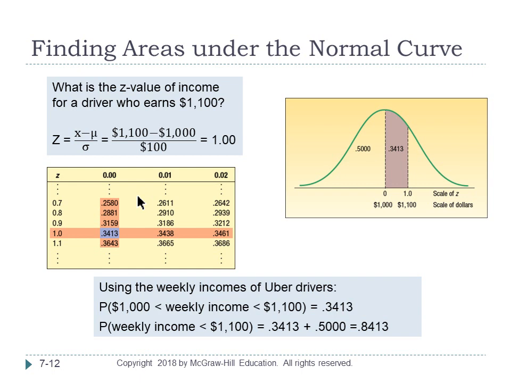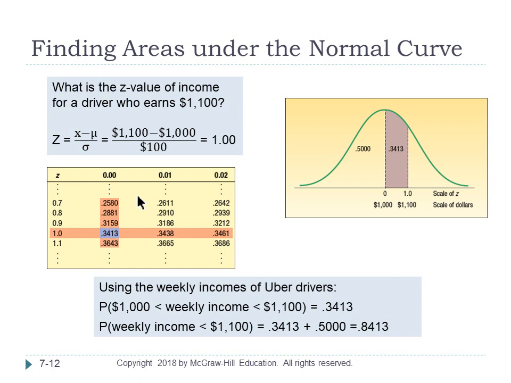In many of these problems, drawing a graph will tell you how to calculate the probability. You always use the tables, but the table will only give you part of the probability. Sometimes, like in this case, we had to add 0.5 when we were calculating the probability that the income is less than 1,100.